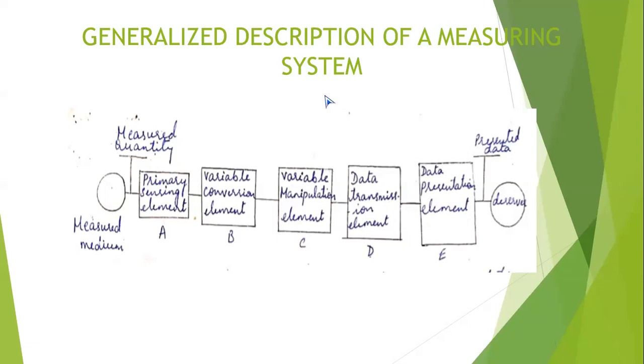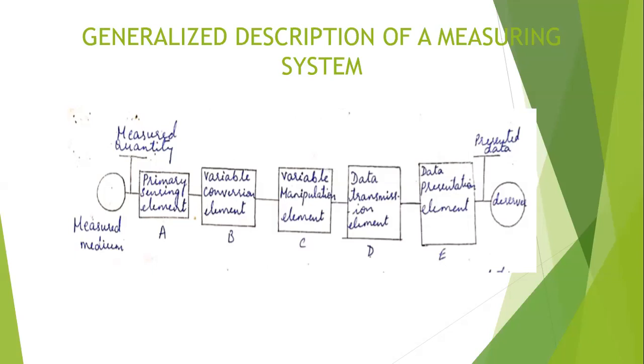You have this question in the examination as well as in the test. All of you write down: explain briefly with the block diagram the generalized description of a measuring system.